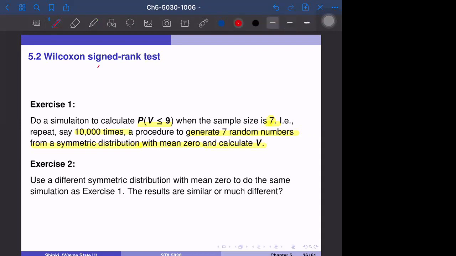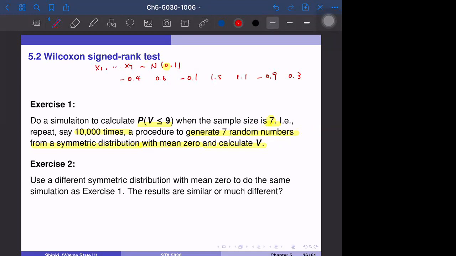For example, suppose x1 to x7 follow normal(0, 1), which is symmetric around 0. Maybe the 7 random numbers are negative 0.4, positive 0.6, negative 0.1, positive 1.5, positive 1.1, negative 0.9, and positive 0.3. What are the ranks of these observations?